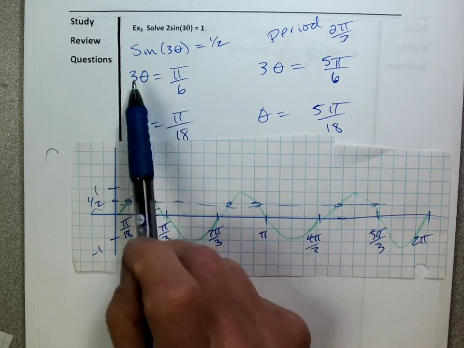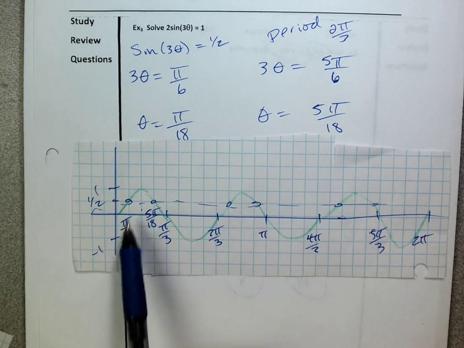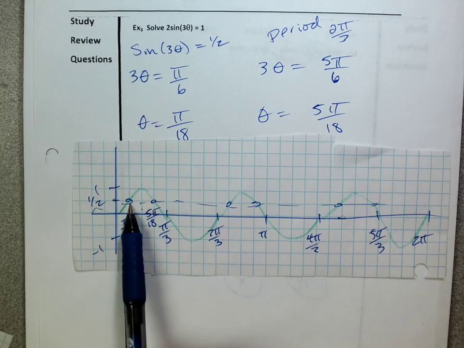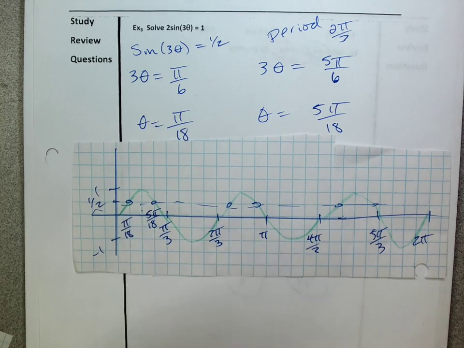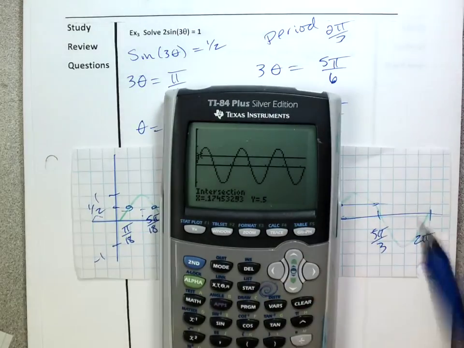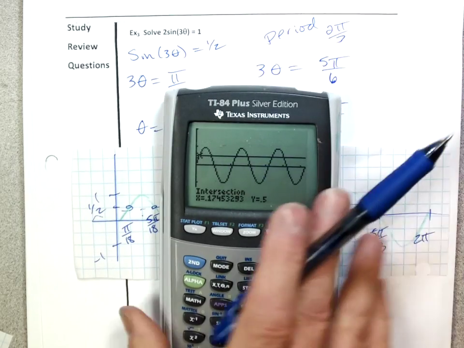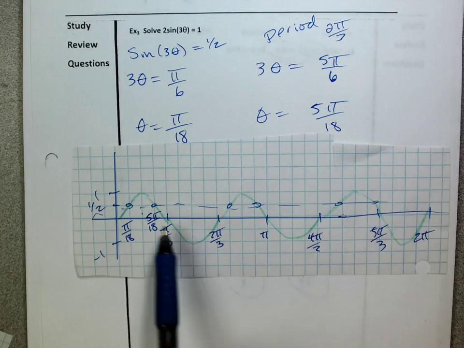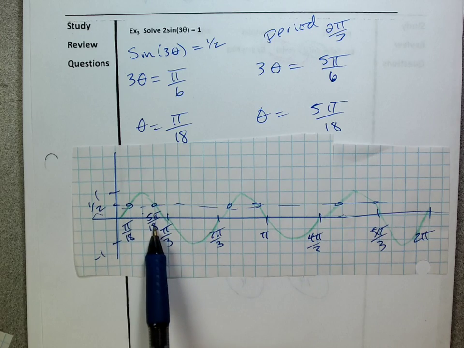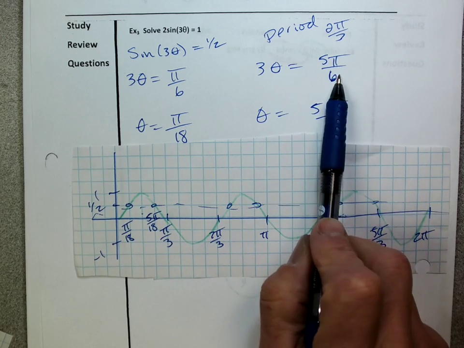I got my pi/6 divided by 3, and I got pi/18. So this intersection right here is pi/18. It has to be, right? It also, on the calculator, is the same equivalent as the decimal 0.174, blah, blah, blah. Everybody good on that? And the other point of intersection right here is 5 pi/18, because I divided by 3, and I got 5 pi/18.